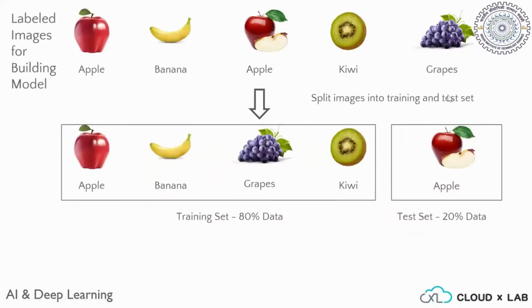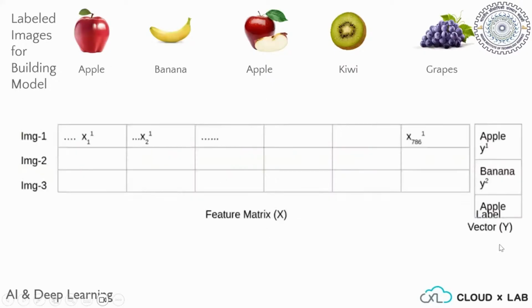After converting images into matrix X and label Y, we can divide our data into two parts, the training part and the testing part, right?